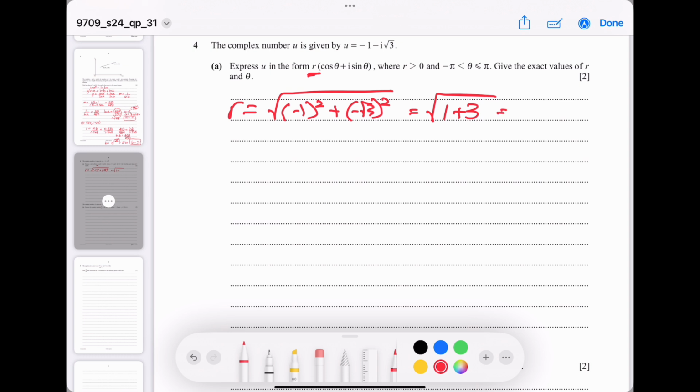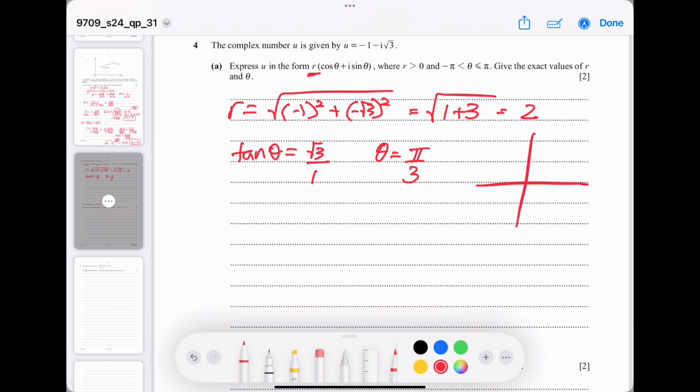So square root of 4, which is 2. So r is 2. Tan theta is then, I tend to just focus on the values rather than the sign, so it's root 3 over 1. So that works as theta is pi over 3.